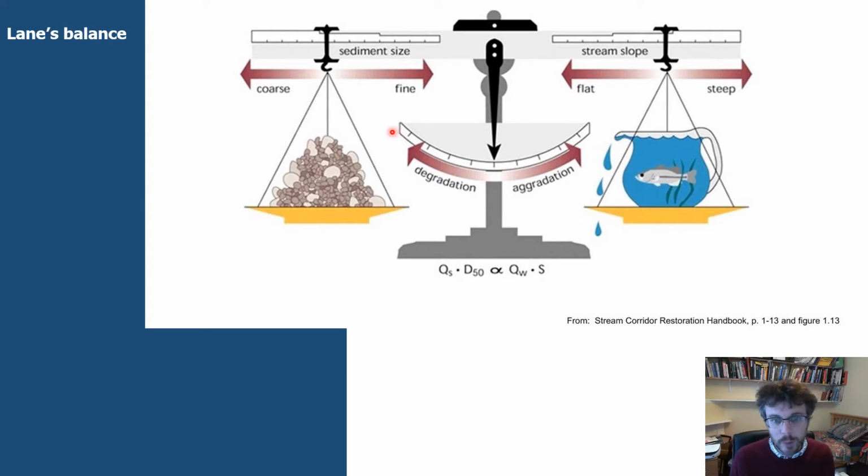A river response, however, isn't necessarily quite as simple as just causing change to the elevation of the riverbed. A stream might also adjust by varying its sediment size, so becoming coarser or finer in response to these perturbations of changes in water or discharge, and also the slope might vary by becoming flatter or steeper, for example by changing the sinuosity of meander bends in response to changes in discharge.